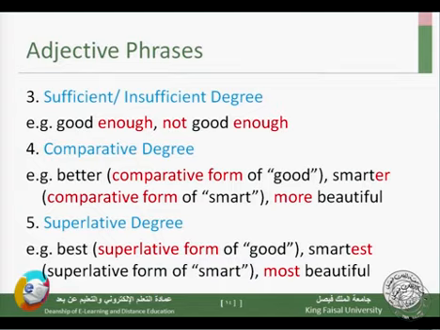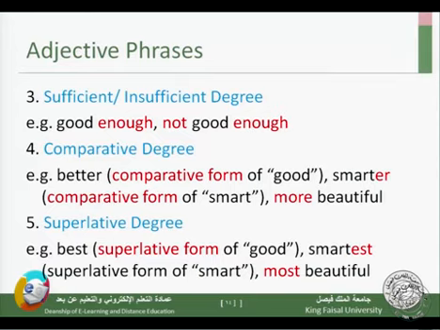You will notice that certain adjectives might have a separate form in the comparative and superlative. So in the case of good, there is a different form for the comparative, which is better, and a different form for the superlative, which is best. Most adjectives will take -er, so smarter, smart here can take -er in the comparative, or -est in the superlative, so we say smartest.